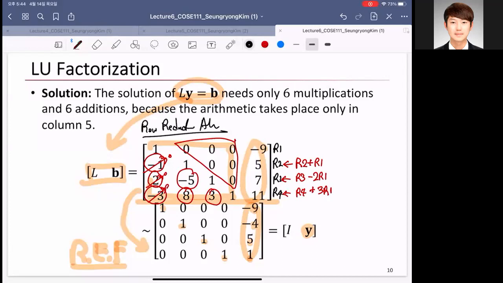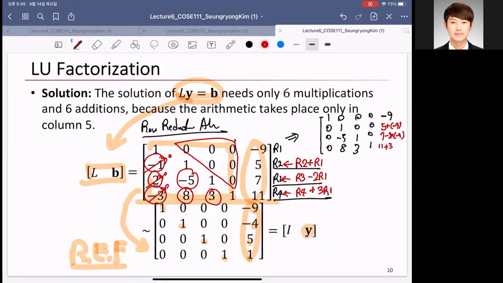By using this row reduction, I mean the replacement technique, these three replacements reduce the matrix to rows 1, 0, 0, 0; 0, 1, -5, 8; 0, 0, 1, 3; 0, 0, 0, 1, with the right side being -9, then 5 plus negative 9, 7 minus 2 times negative 9, and the last term 11 plus 3 times negative 9.